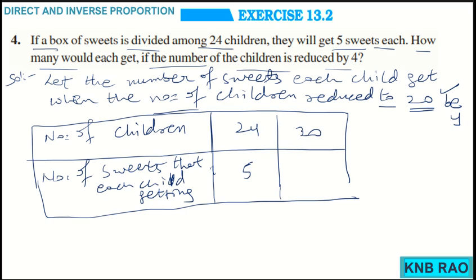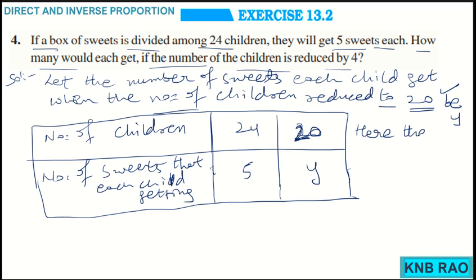When 4 children are reduced, the total number of children will be 20, then y is the number of sweets they get. Now here, the more the children, the fewer the sweets; the fewer the children, the more sweets. You have to mention that relation.